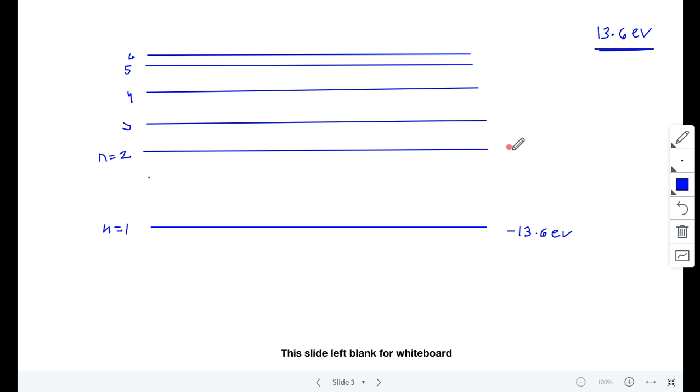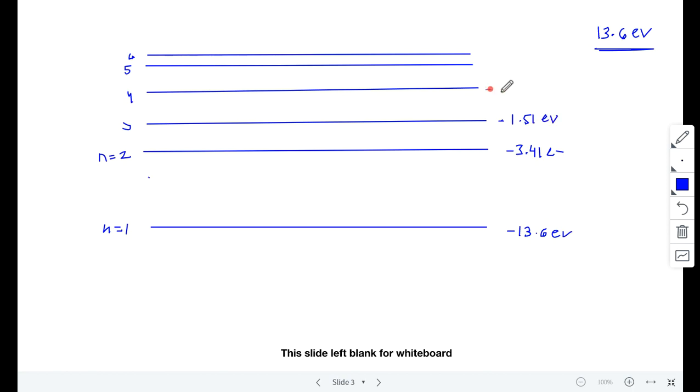Then n equals 2 is minus 3.41 electron volts. Then it's minus 1.5 electron volts.